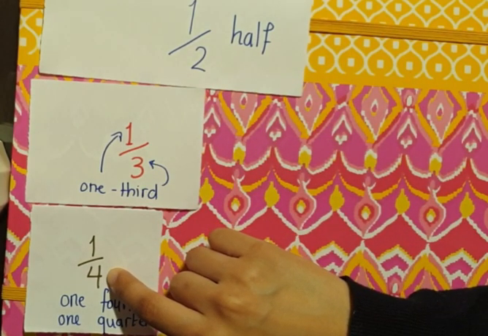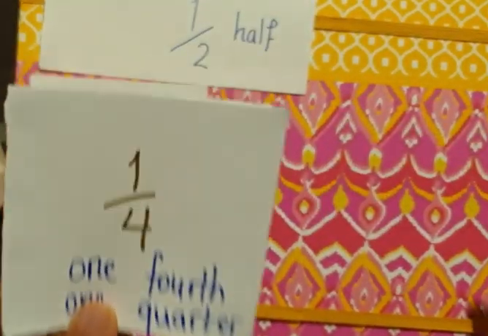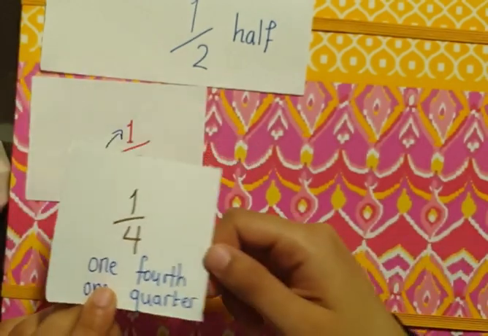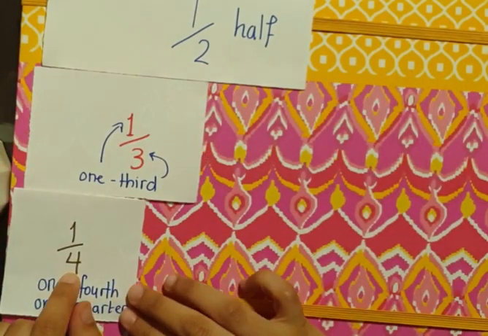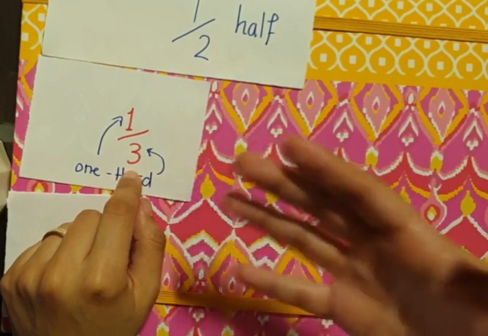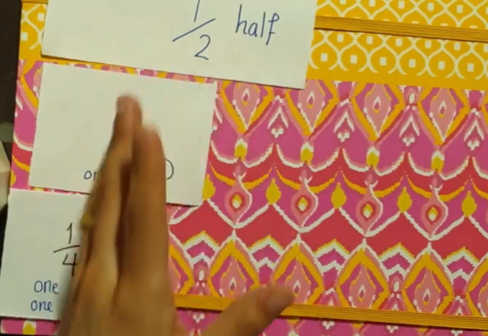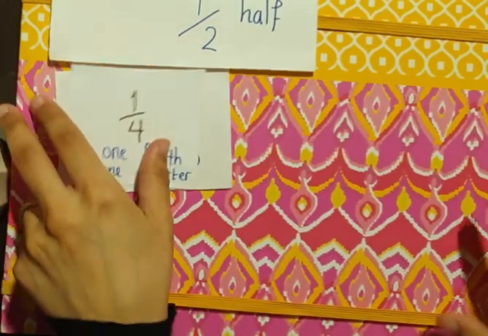The biggest one is going to be the smallest piece, not the biggest piece. Take care. Okay? So the one with the denominator 4 is the smallest, the one with the denominator 3 is the medium sized, and the one with the denominator 2 is the biggest. All right?